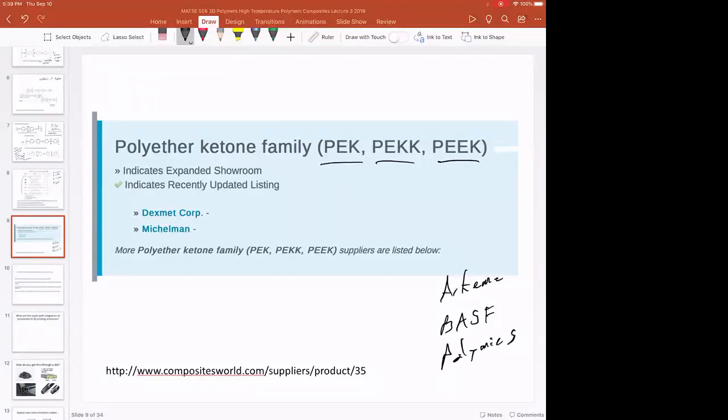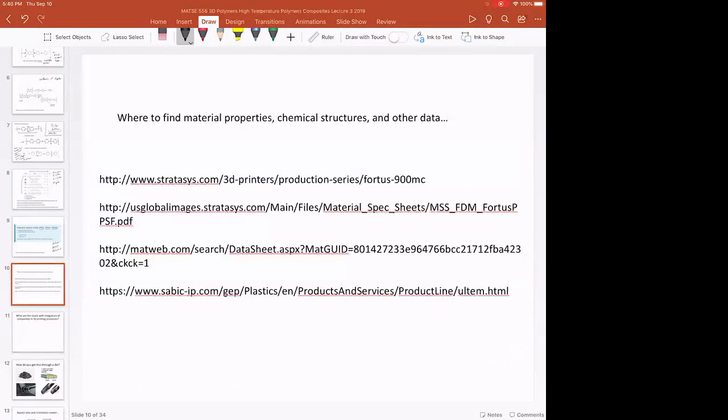And so as you're investigating different materials, these all have very similar properties, and you can learn about a lot of the polymer properties from sources like this. So whether it's Stratasys and you want to figure out what polymers are used in a 900 MC, or if you look up MatWeb, you can find all the different grades and filled polymers and properties.